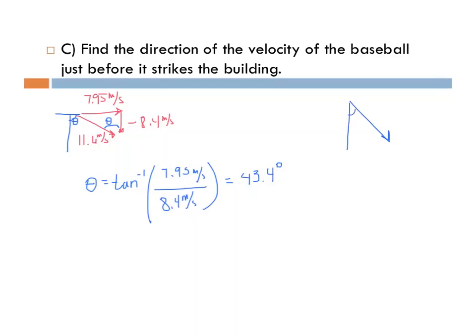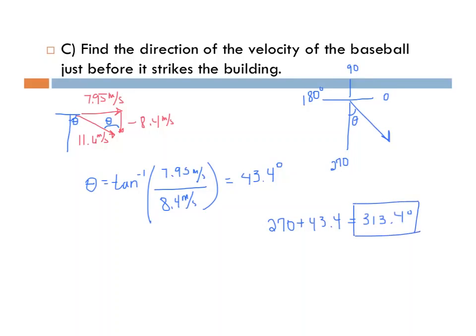But I know that that's this angle here. So if I add 270, then I get an angle of 313.4 degrees, which again makes a little bit more sense if you go back and look at our unit circle, or degree circle, I mean.